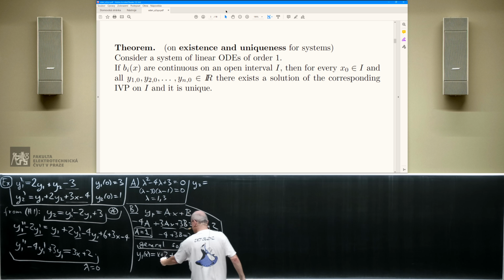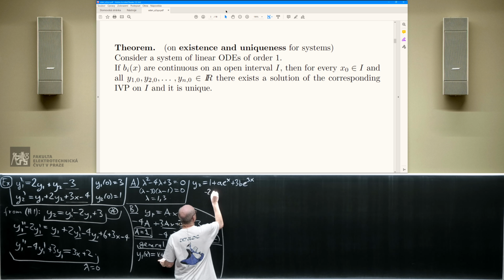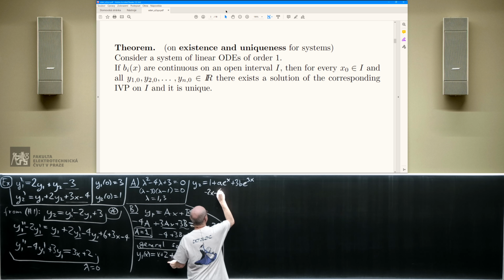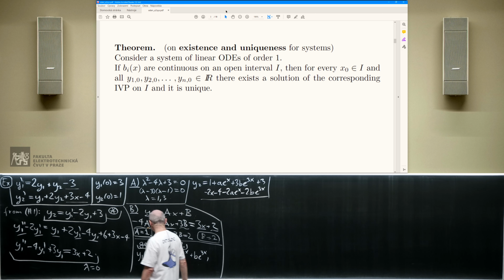Okay, minus 2 y1s, so I take this and subtract it twice: minus 2x, minus 4, minus 2a e^x, minus 2b e^(3x). And finally, I should add 3. So that's my intermediate result.